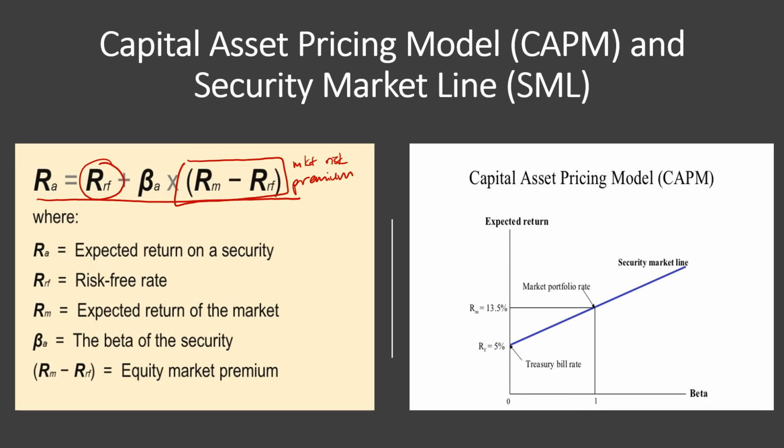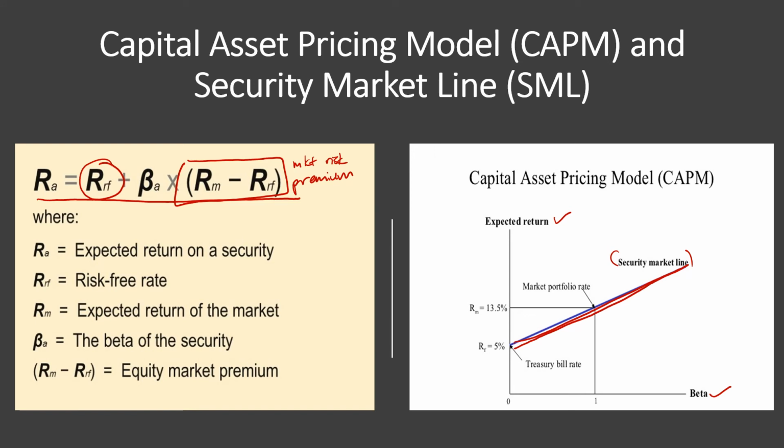In graphical form, the CAPM formula can be represented by the security market line, SML, this line, where the x-axis represents the risk or beta and the y-axis represents the expected return.